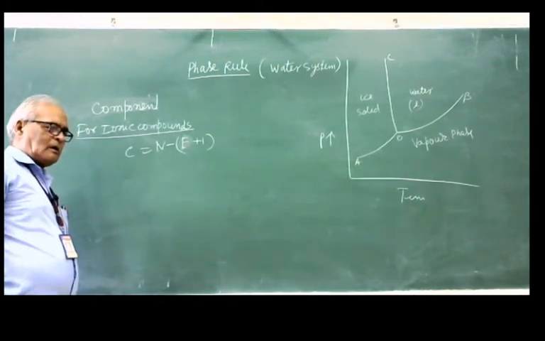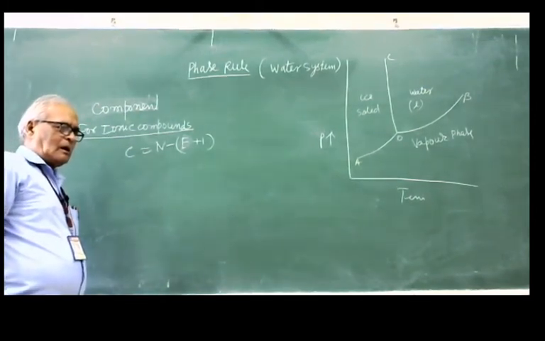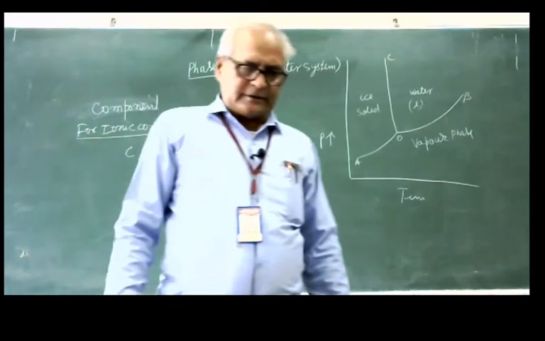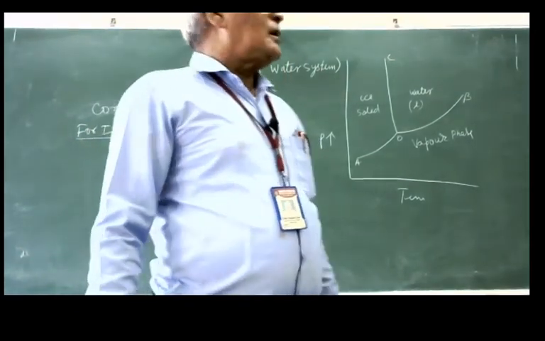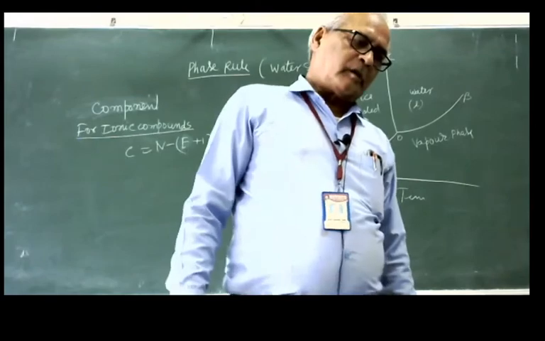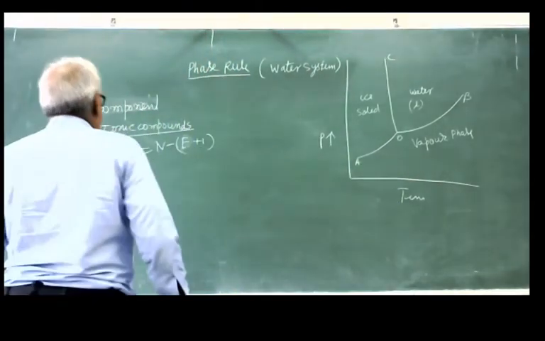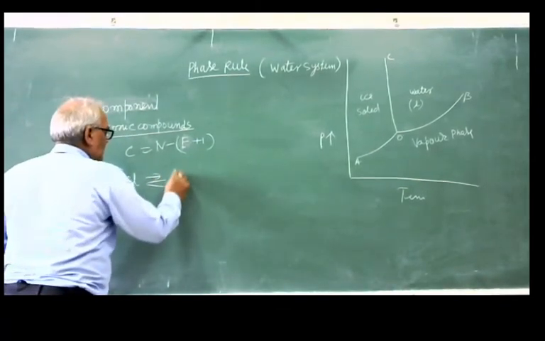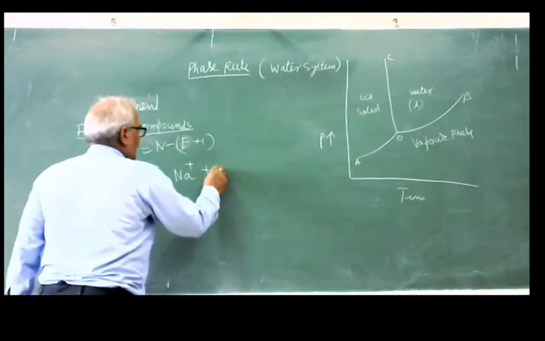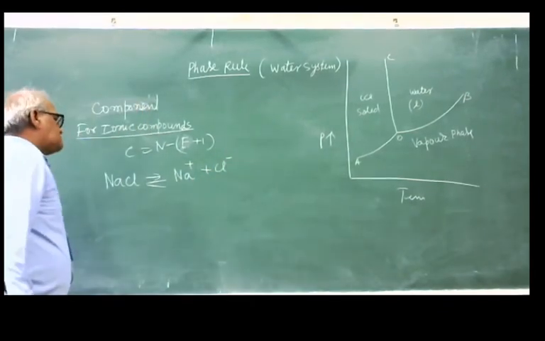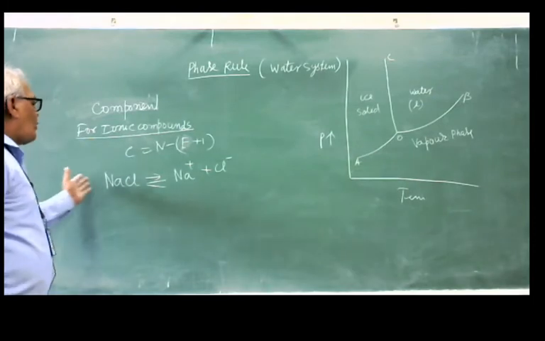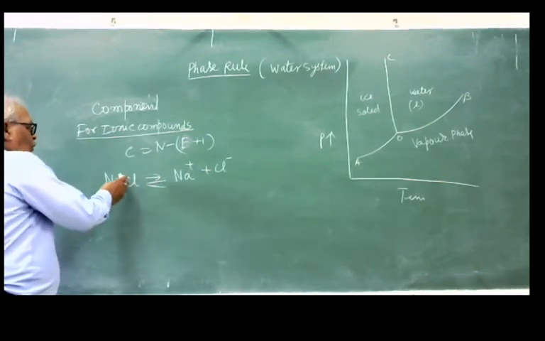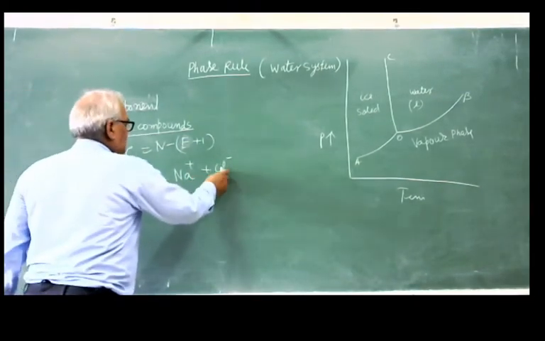Suppose somebody asks you to calculate the number of components in sodium chloride solution. So just see, in case of sodium chloride, NaCl, Na plus and chloride ion. So how many species are there? 1, 2, and 3.